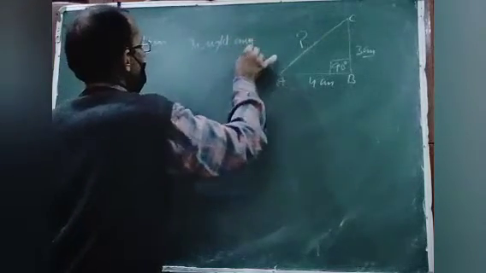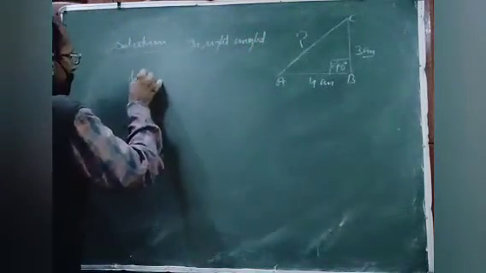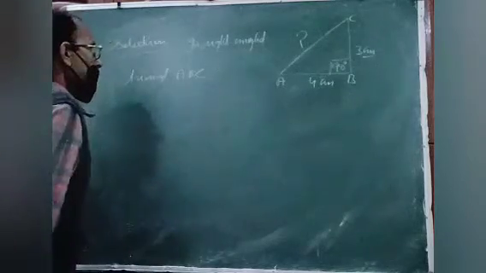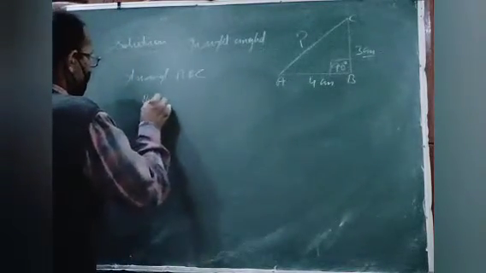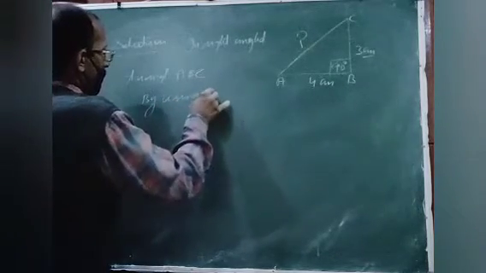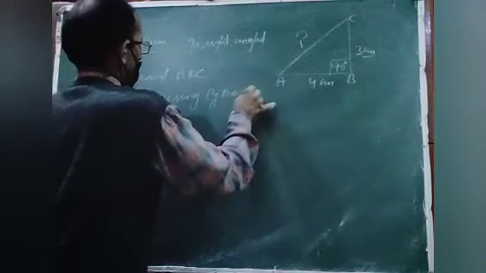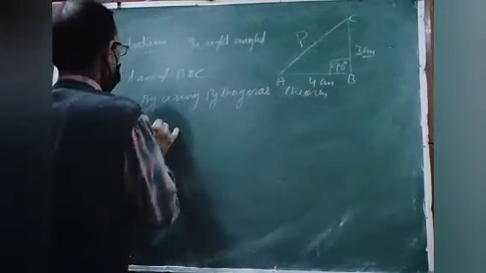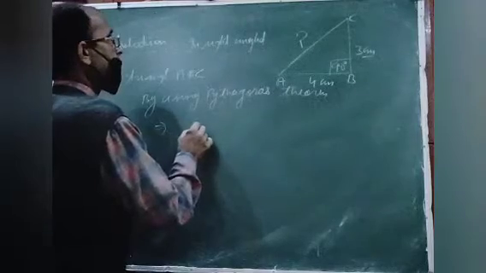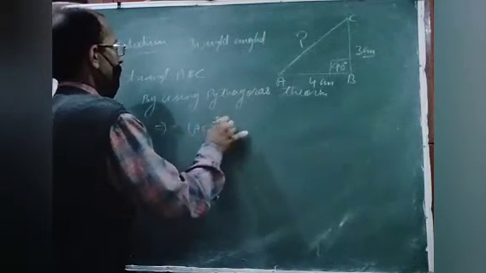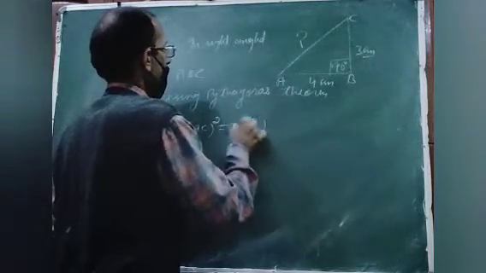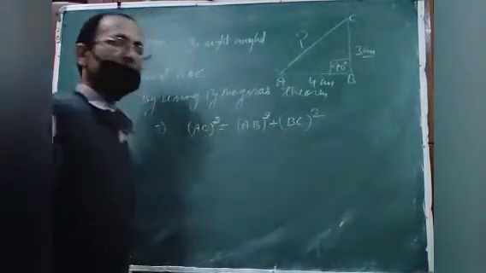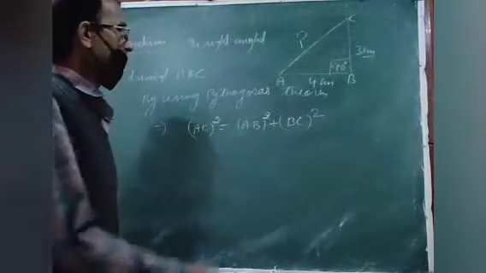In right angled triangle ABC, by using Pythagoras theorem, hypotenuse square, it means AC square, will be equal to AB square plus BC square.